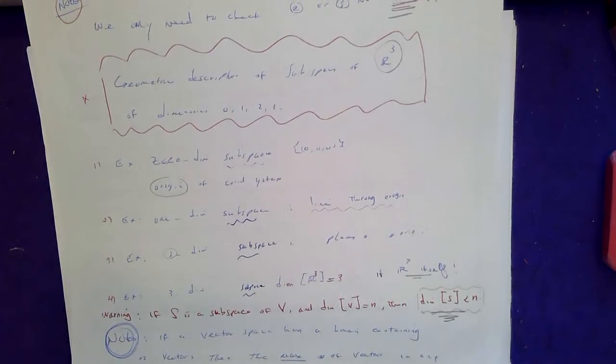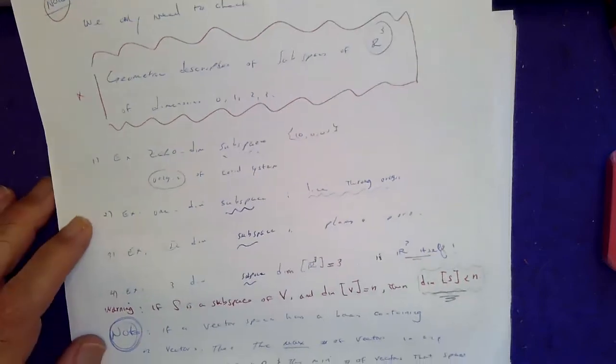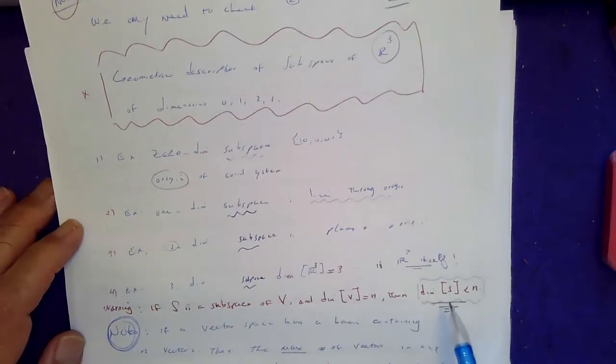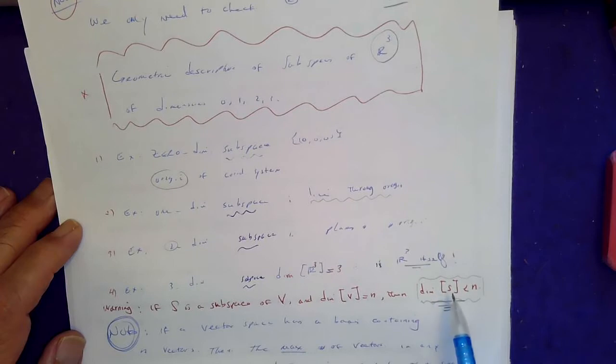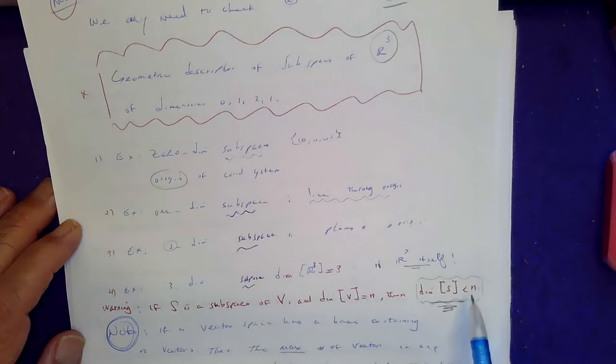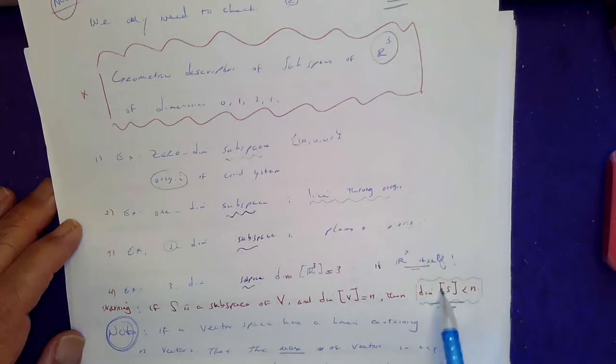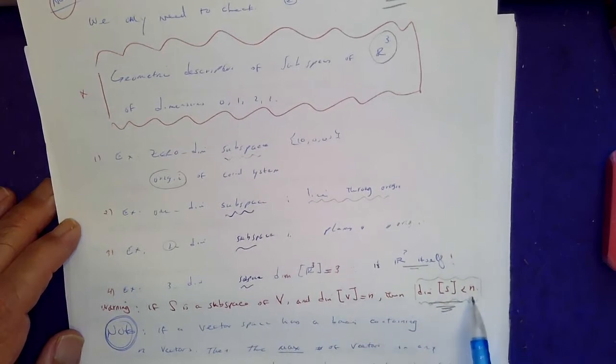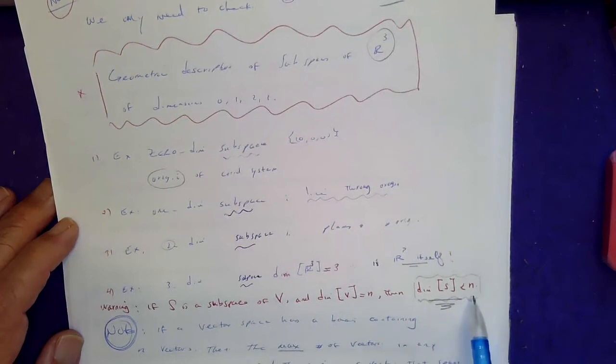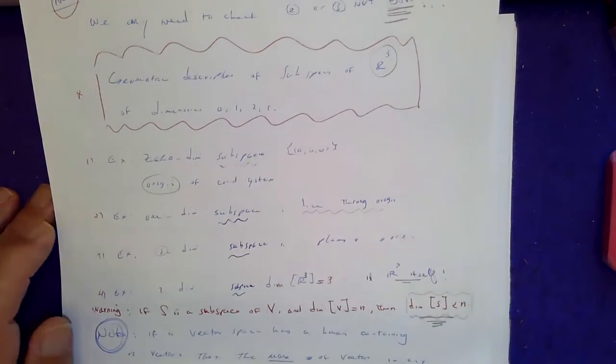In other words, the dimension of a subspace cannot exceed n. It could be equal if it is the same as the vector space, but it cannot be more. It's always less than n, and occasionally it's equal to n.